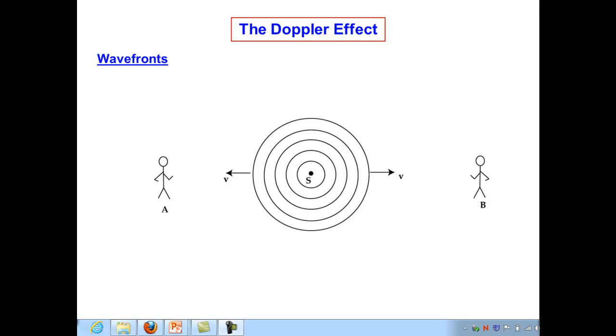especially in astronomy. So this first picture illustrates the idea of waves being emitted at a regular frequency from a source S. The picture corresponds to what you might see if you were looking overhead and someone was dropping a rock repeatedly in a pond.